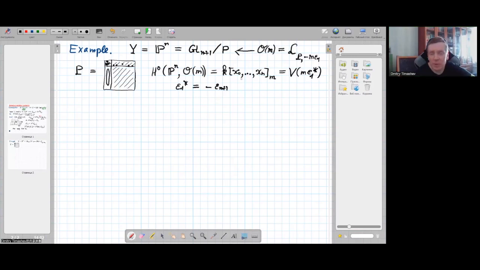Maybe I used bad notation for the projective coordinates because I enumerate basis vectors by numbers from 1 to n plus 1, and the projective coordinates are enumerated by numbers from 0 to n. Let me change this notation. Let me enumerate from 1 to n plus 1.